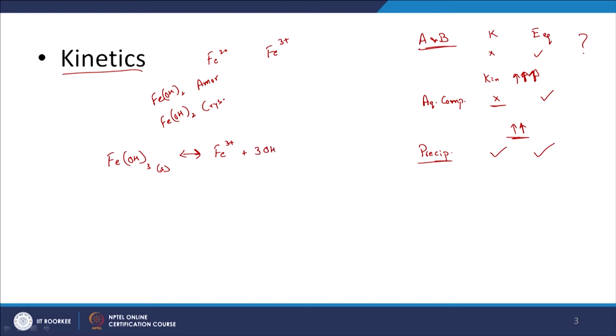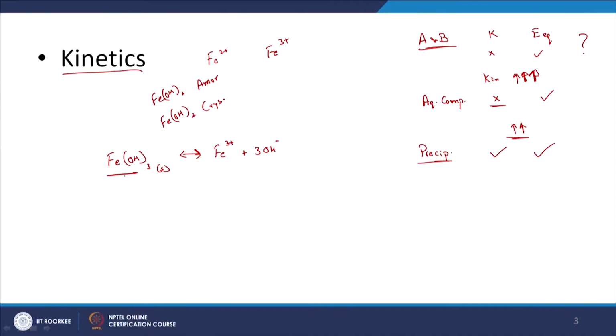The key is that with the same molecular formula or slight variations we can have different types of solid, and for each type of solid I will have a different equilibrium constant. Let us say K1 for one type of solid, K2 for solid type 2, and so on. What is K1? It is the solubility product here.